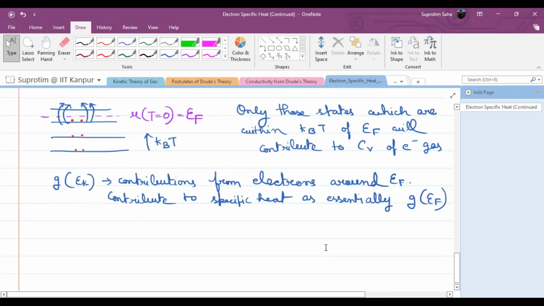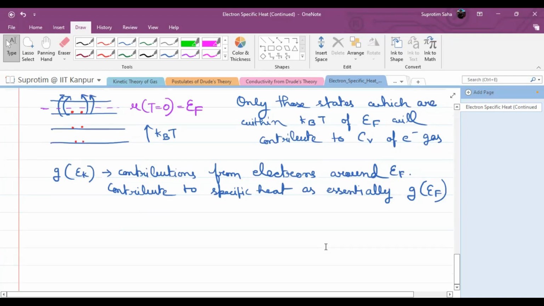around the Fermi energy will be excited to higher energy levels, and in and around the Fermi energy, within spacing kBT of the energy level around the Fermi energy, the electrons will be excited. So in principle, you can write G of Ek as G of EF.